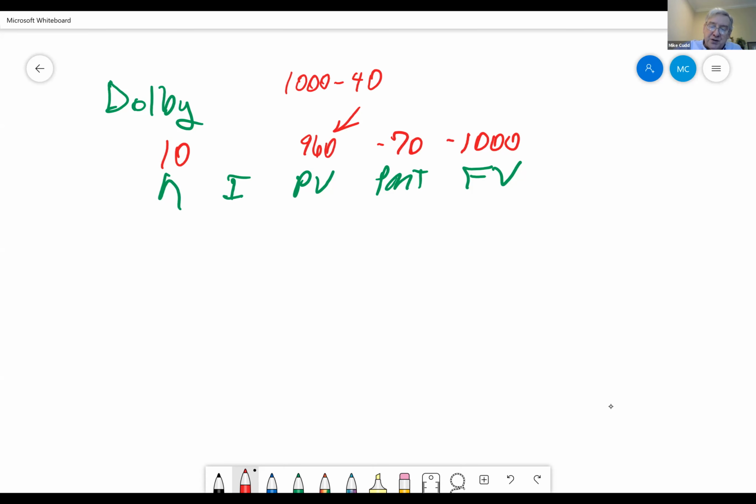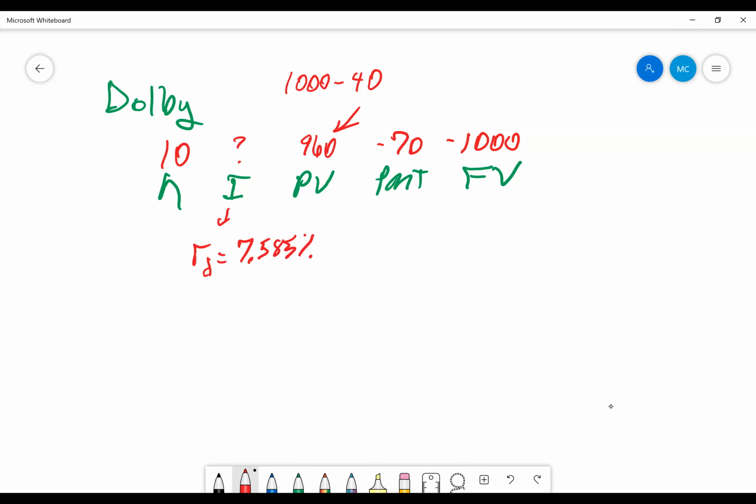They'll get $960 now. They'll have to pay $70 a year in coupon payments, plus $1,000 at maturity. That gives us a before tax cost of debt. When I worked it and carried it out a little bit, I got 7.585.